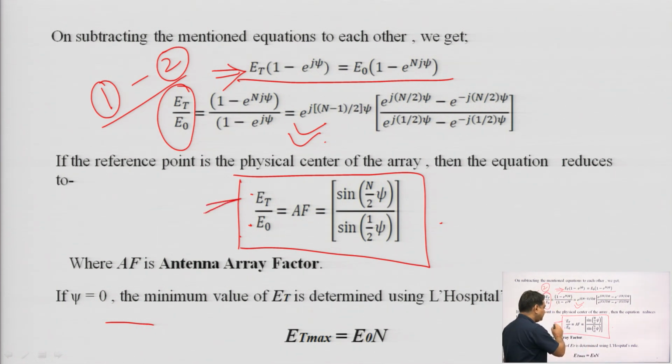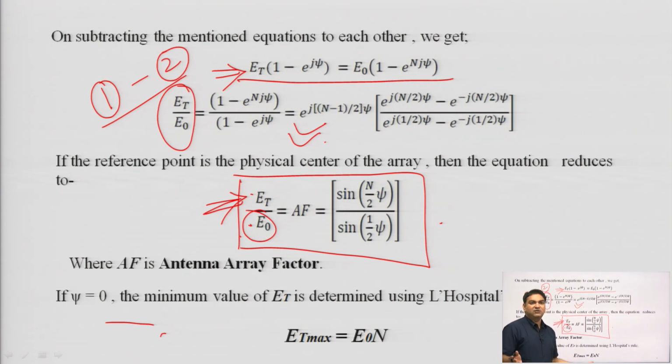for making an n element array system. And E naught is the field strength at a distant point P due to point source number 1, because at the origin the first element was placed. So, the magnitude of the field strength is given in terms of E naught only.